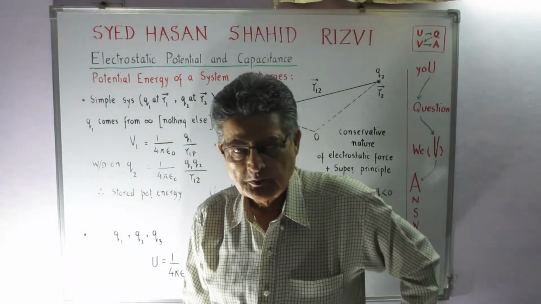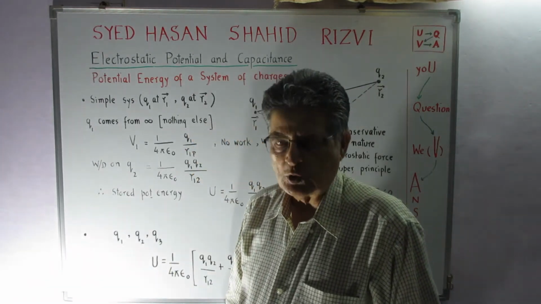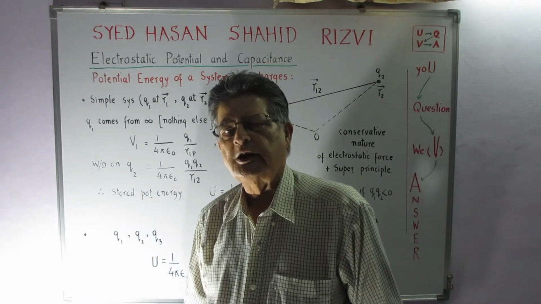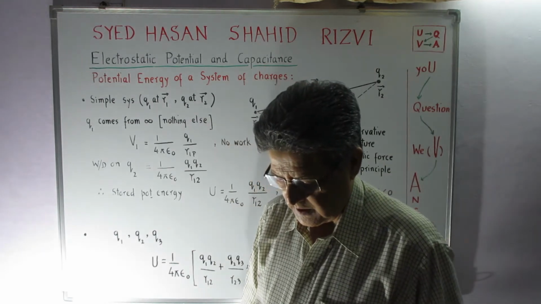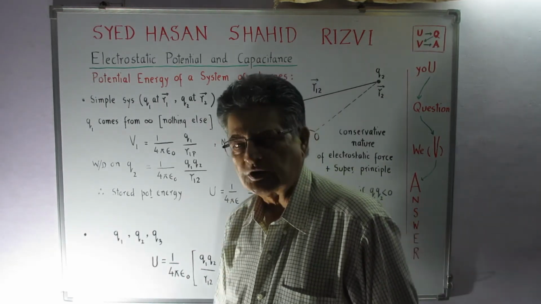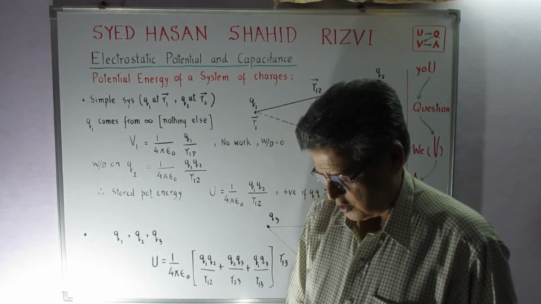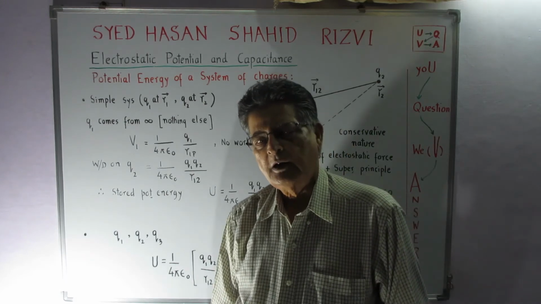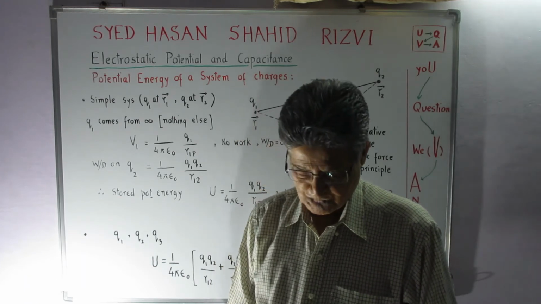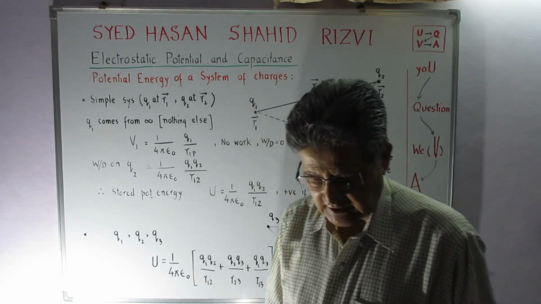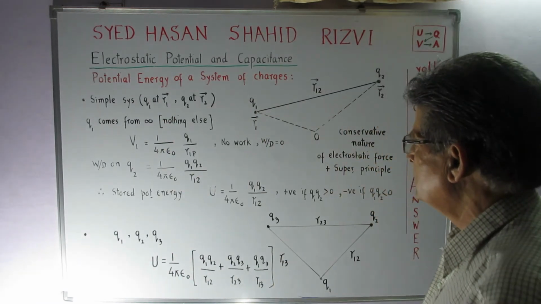All over the universe, there is only that single charge which has no interaction with any other charge, any electric fields, etc. So, if I want to bring it at a certain point P from infinity to that point, then I will require no work to be done.